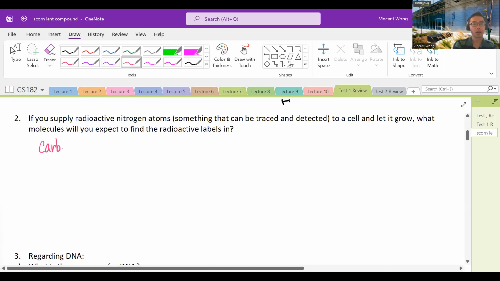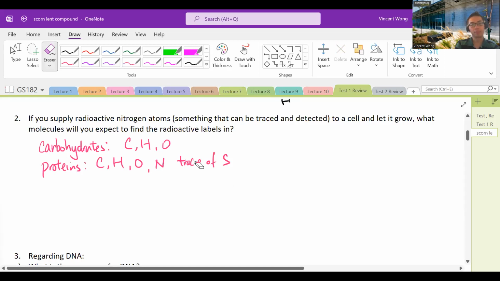We have the carbohydrates, which contain carbon, hydrogen, and oxygen. We have proteins. Proteins also contain hydrogen, carbon, oxygen, but in addition, they also have nitrogen. And if you remember, they have trace amounts of sulfur as well. One of the amino acids has sulfur in it.